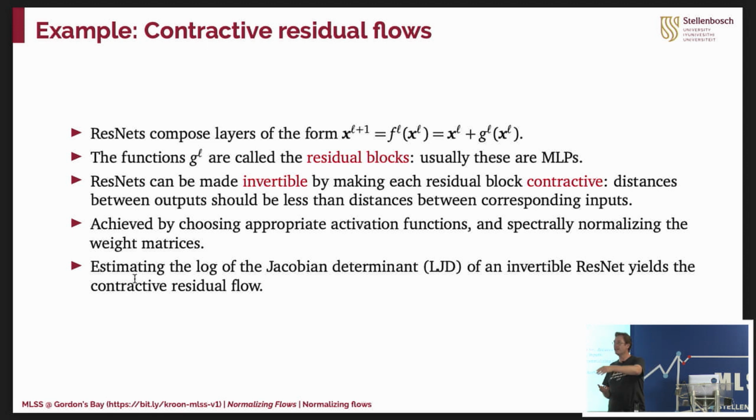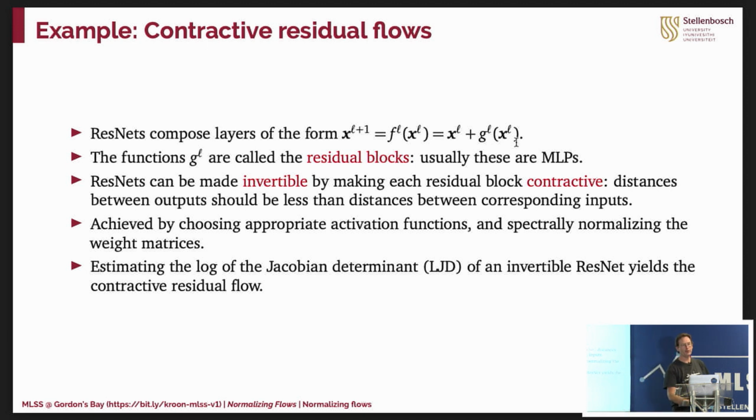Okay, now if you've got a ResNet with a number of blocks or a number of layers, each layer is updating its input, or the output is the input plus some transformation of the input. And that extra bit we add there, that component is called the residual block.